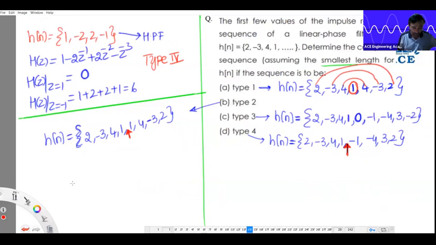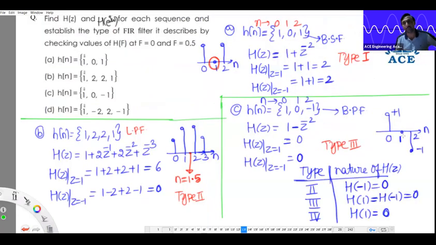Draw this graph, the last example graph only. At 0 it is 1. At 1 it is -2. At 2 it is 2. At 3 it is -1. It is anti-symmetric with respect to sample 1.5. But in the type 3 case, neatly it is anti-symmetric with respect to an integer sample.